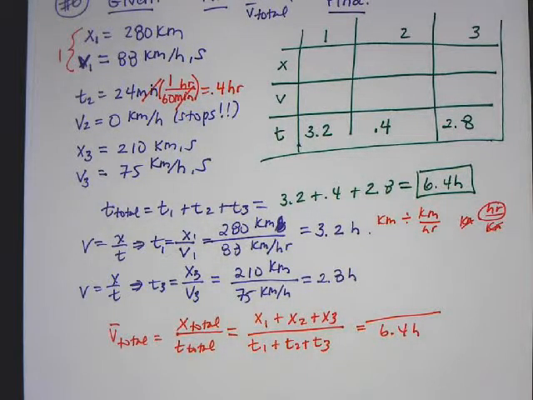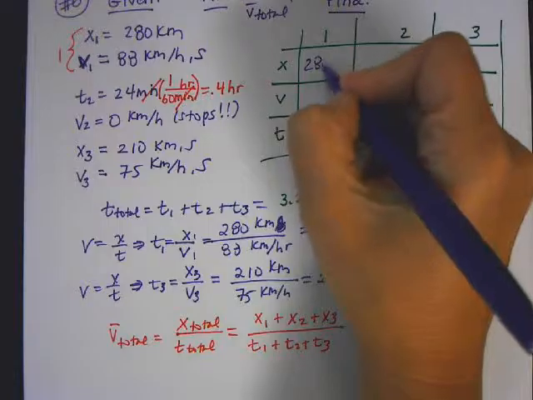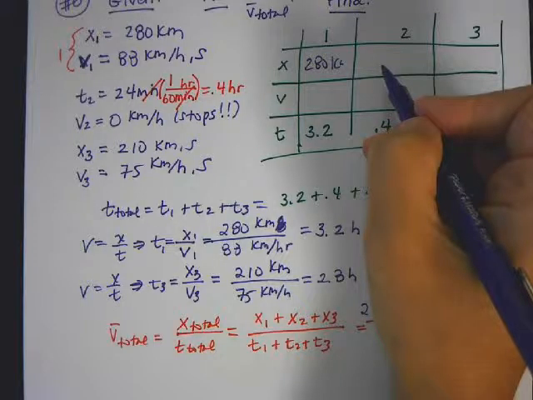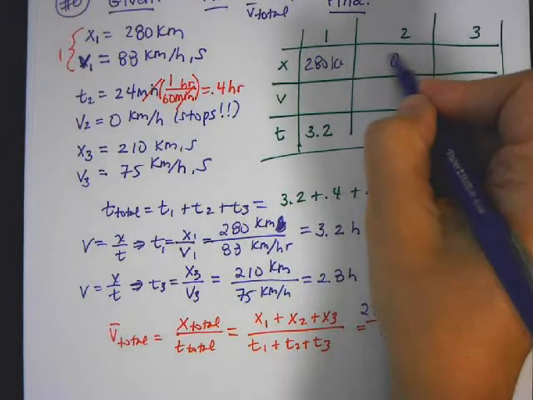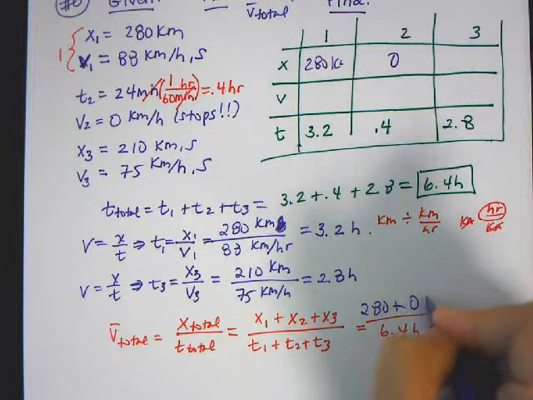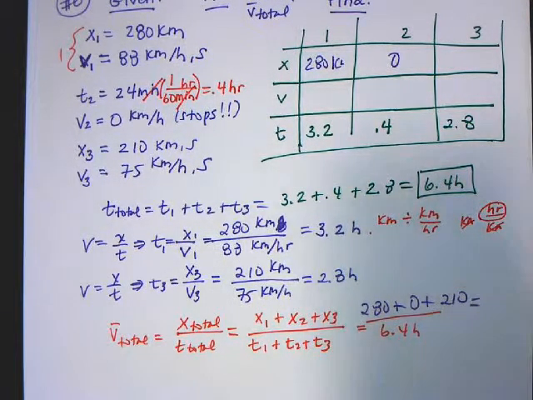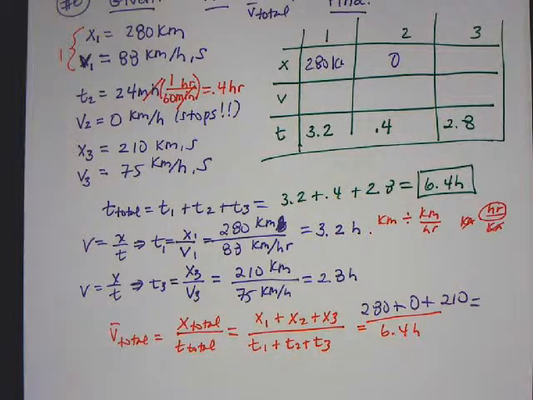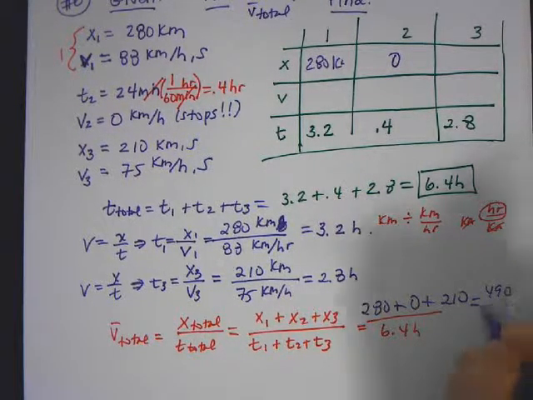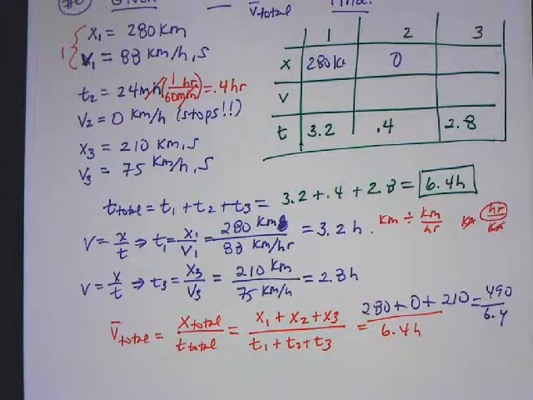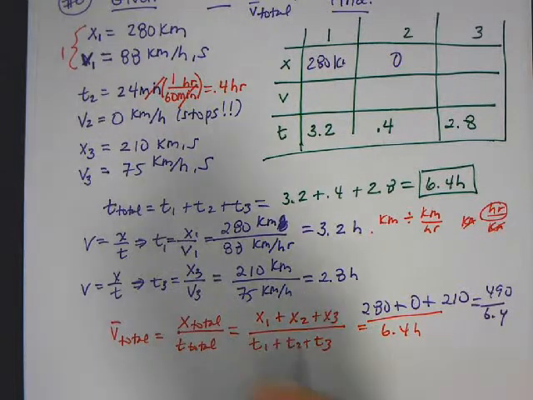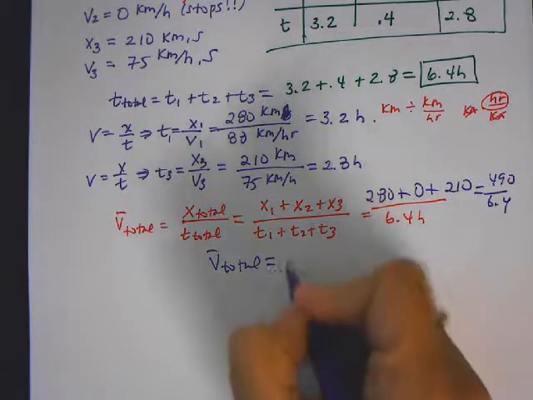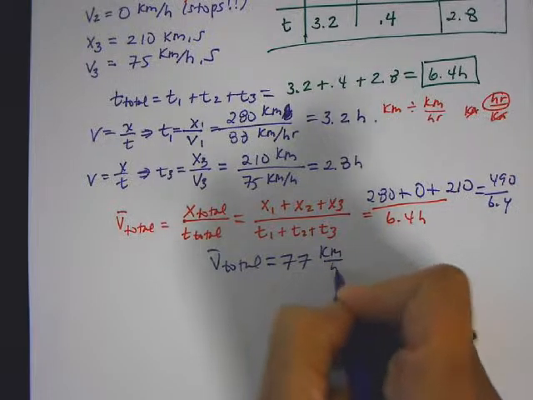Well, I know that x1 was 280. x2, what's x2? 0, because it's not moving, it's stopped. And then x3 is 210. And that's it. So 280 plus 210 is 490 divided by 6.4. So it comes out to be 77 kilometers per hour.